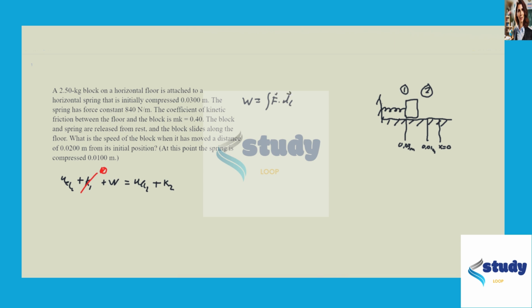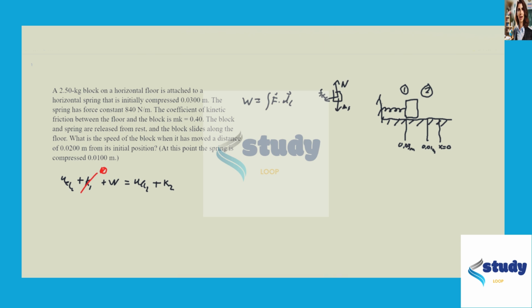In a free body diagram, the block has a friction force Fk horizontal to the left, determined by the normal force multiplied by mu k.